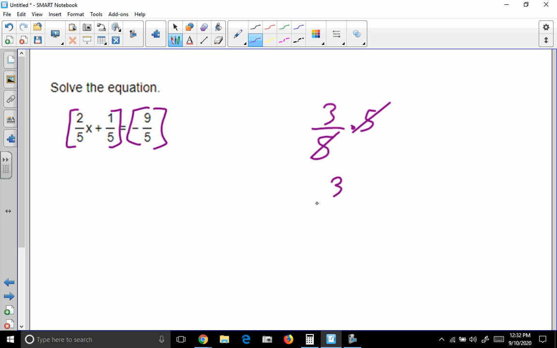If I had a 2 on bottom, I would get rid of a 2 on bottom by multiplying by 2. In this case, it's a 5 that we have on bottom. So we're going to multiply by 5, and we can't just pick one term or the other to multiply. We have to multiply every term on the left by something and every term on the right by the same thing.